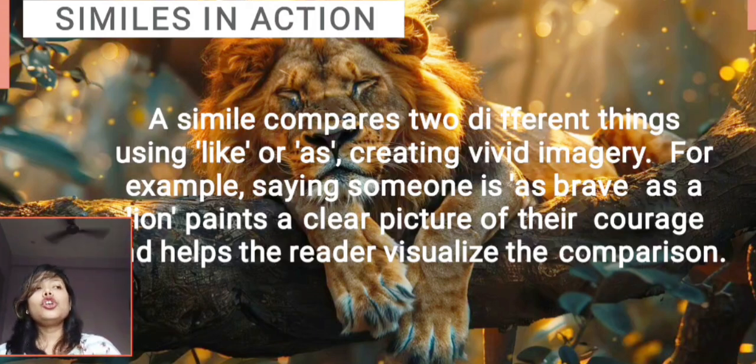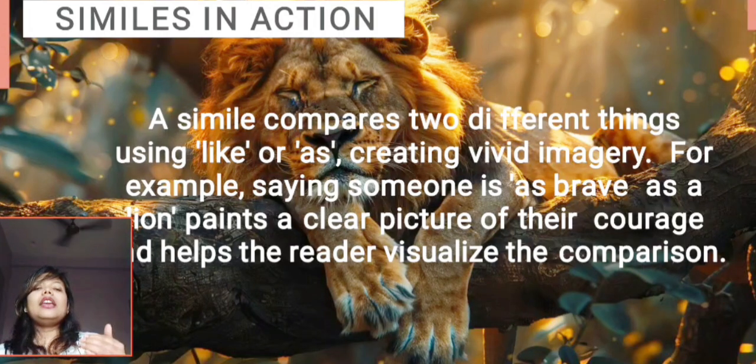So like and as are the two basic words which are used widely to identify a simile. So when you see like and as in a particular sentence, you will know that this is a simile.